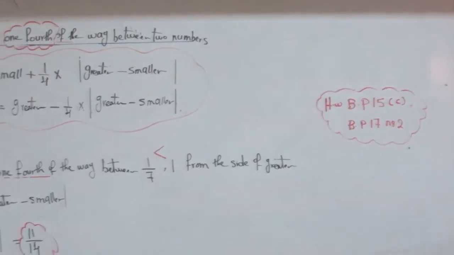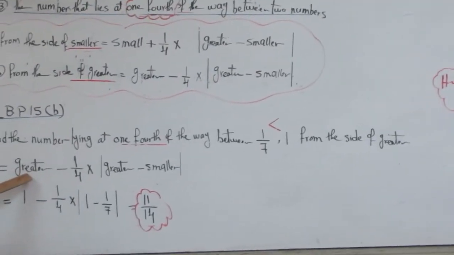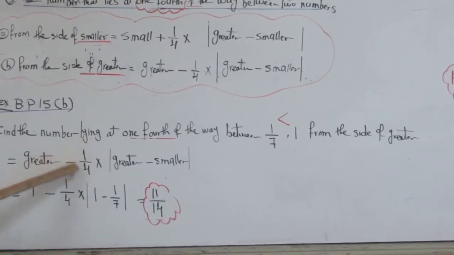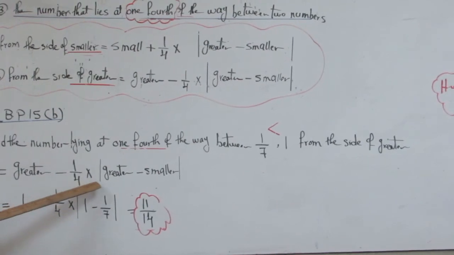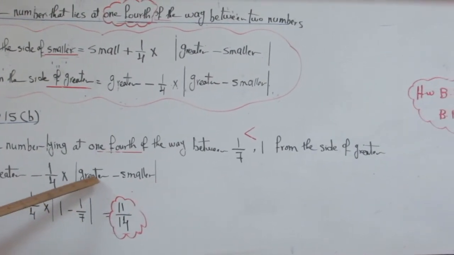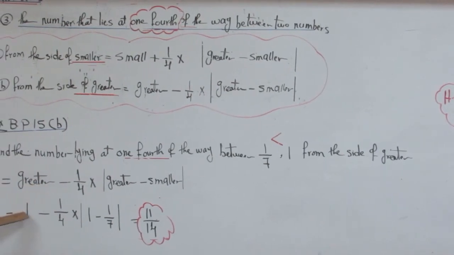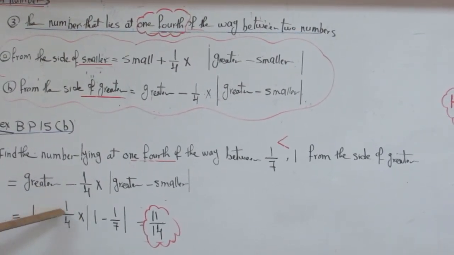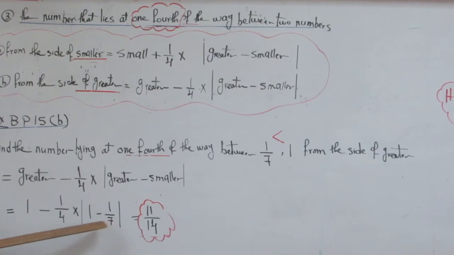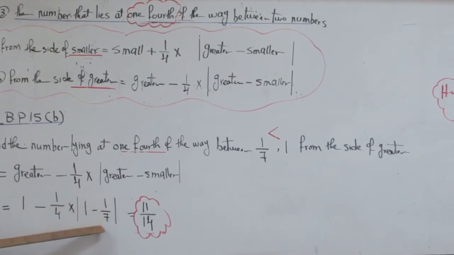Write the rule: the greater number minus the distance, which is 1/4, times the absolute value of the difference between the greater and the smaller. I will make the greater, which is 1, minus 1/4 times the absolute value of the difference between 1 and 1/7.